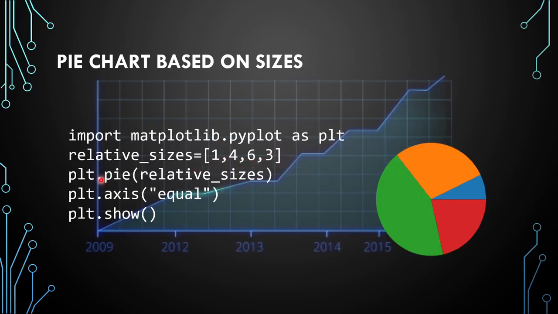So I can just plot it like this: plt.pie relative sizes, and plt.axis equal. If you don't give this axis equal, it may be an oval shape also, right? So axis equal makes it a perfect looking circle.